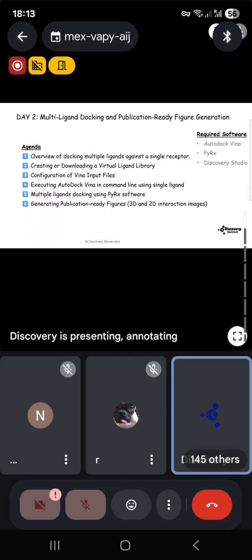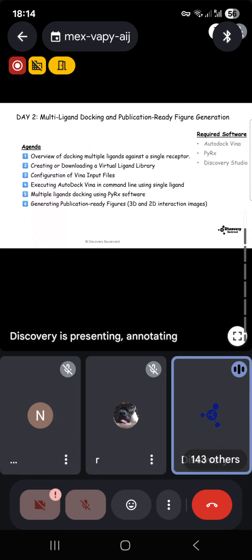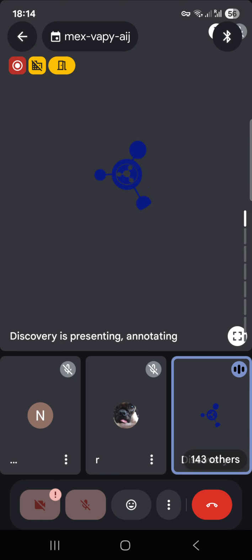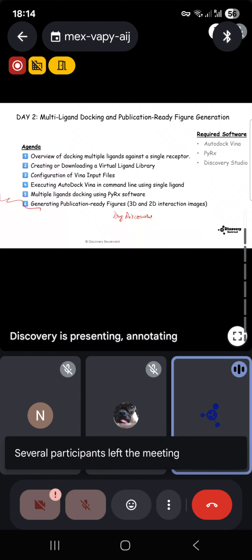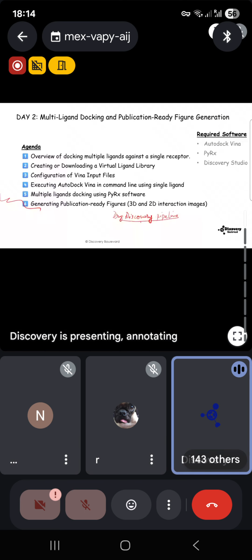When we talk about drug discovery, we are ultimately trying to refer to a search for a therapeutic agent, right?